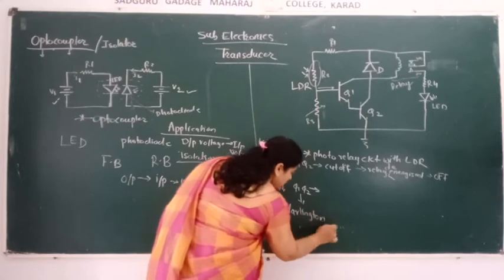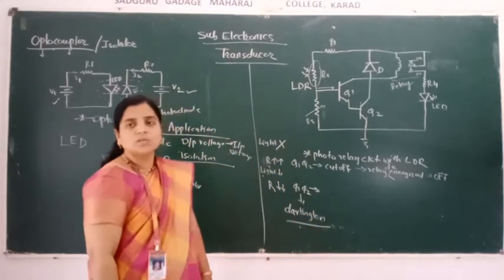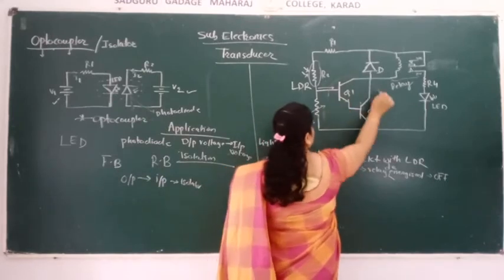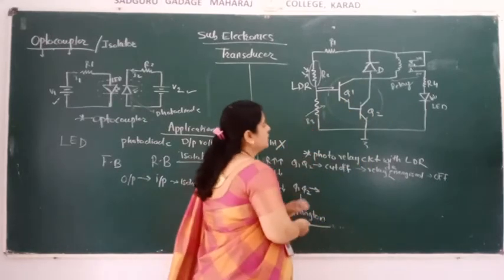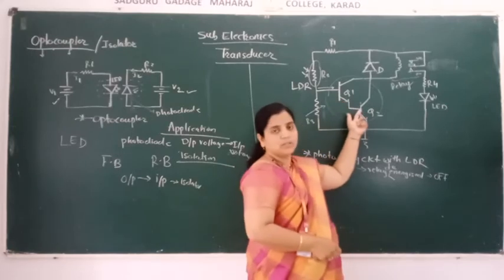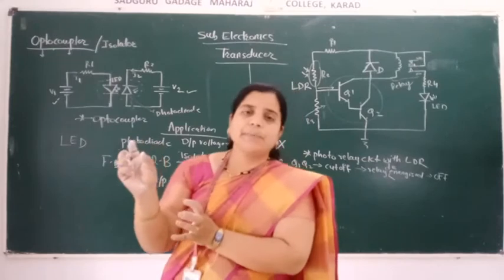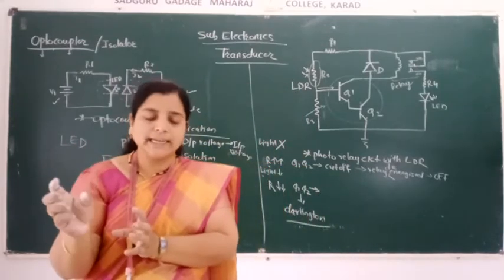Darlington pair means what? These two transistors are connected in cascaded form, which means the emitter of one transistor is connected to the base of the second transistor.